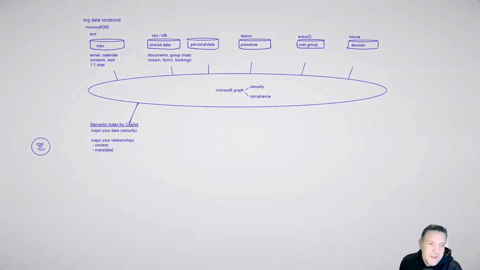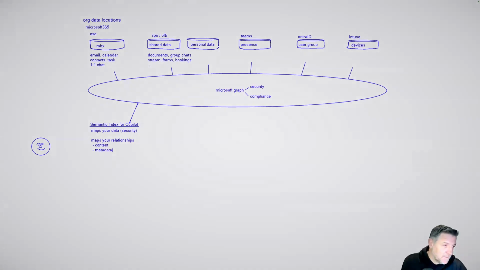So metadata means, hey, when was this document last modified? And then it makes sense that if we query stuff, we would be working with the latest information first. That would be a relationship not only on content of documents or emails or chats, but also on the metadata. When did this happen?